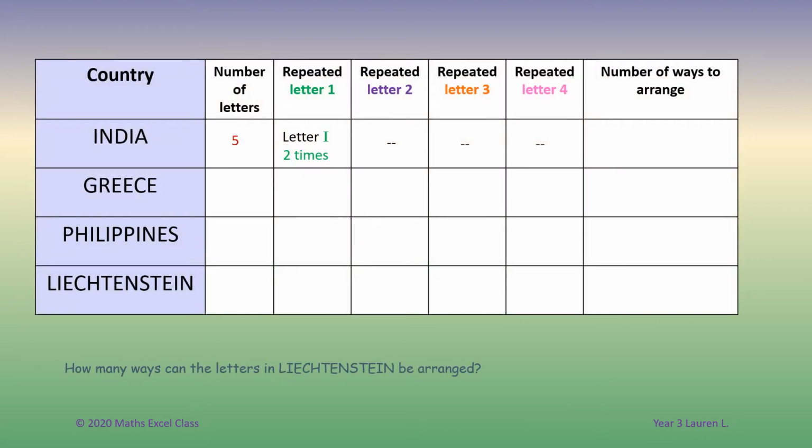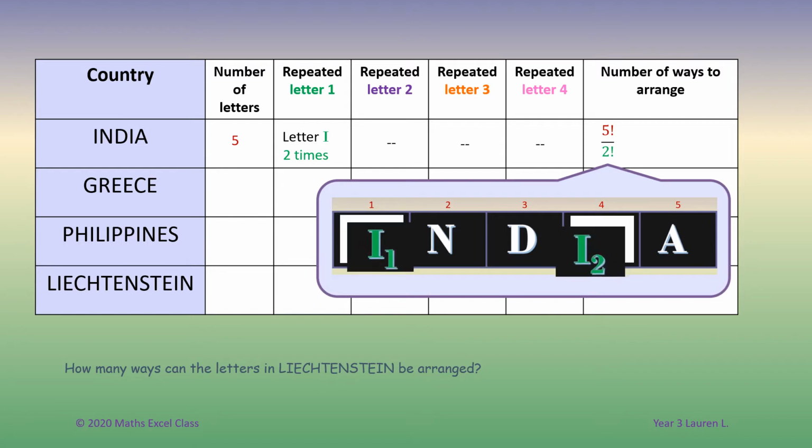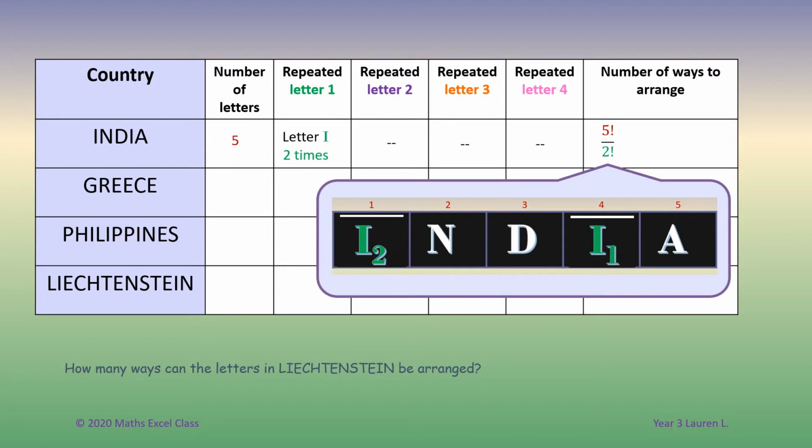To solve this, our number sentence is the number of letters factorial divided by the number of letters repeated factorial. This is because if we swap the I1 and I2 for India around, this would still be the same arrangement, rather than I2 and I1 being a different arrangement.